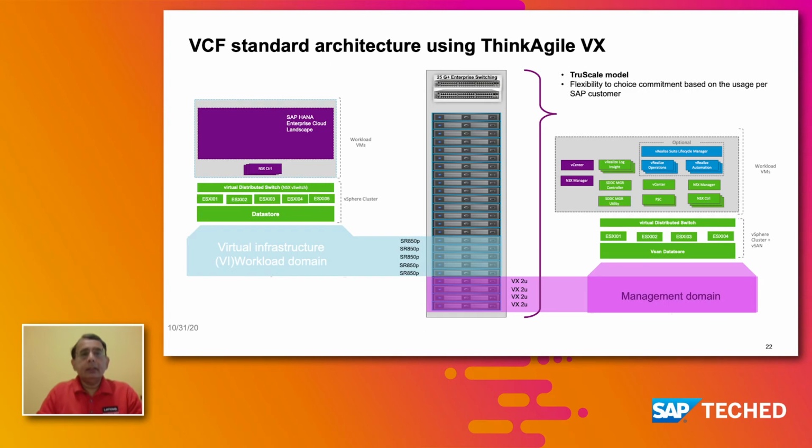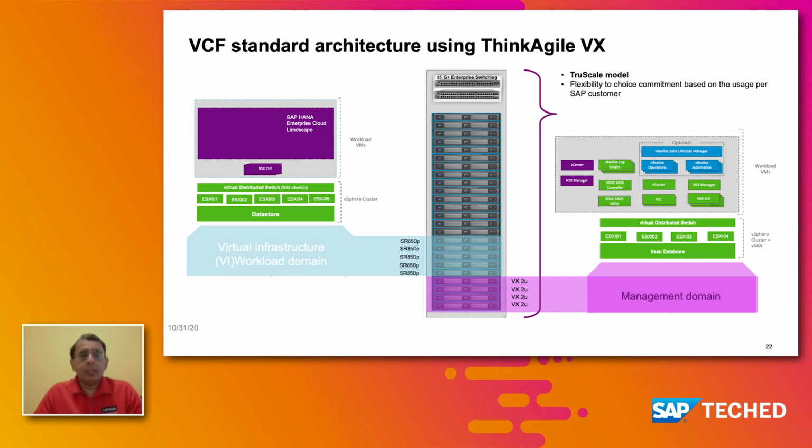Let's double click into this solution architecture, and what you see here are additional components called out. Again, the key for us to realize is that this is a building block capability. So you see the ThinkSystem SR850P shown on the left as the workload systems.